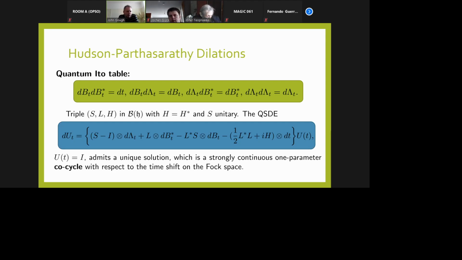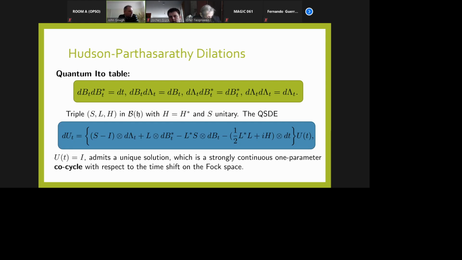It turns out that on the Fock space, we have a continuous tensor product decomposition. So at each time, we can divide it into a past and future space. The increments here are all understood as living on the future component, which is the operator theoretic way of looking at the Ito calculus.